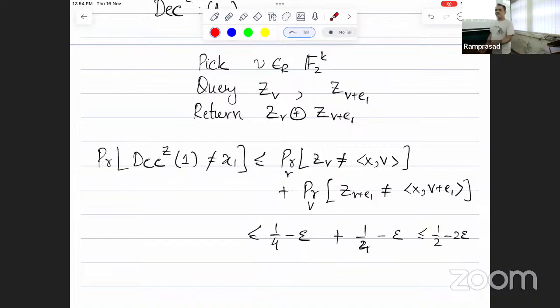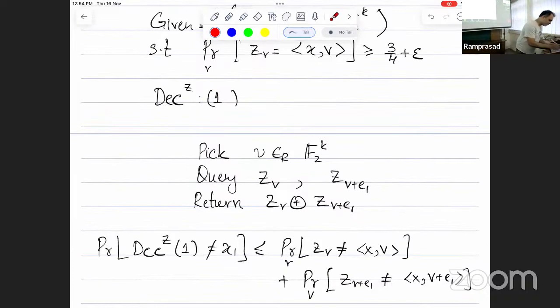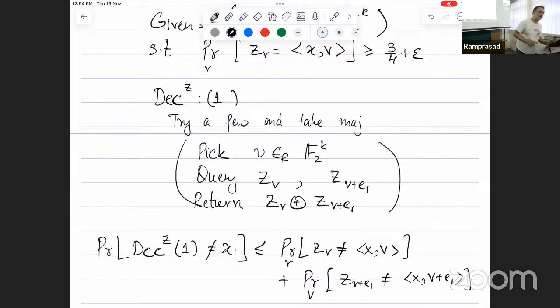Each time you try something, you're going to be right with probability half plus a little bit. So a standard Chernoff bound will tell you that the chance that the majority of them were wrong is exponentially small. So the actual decoder is now going to be: try a few times and take the majority.